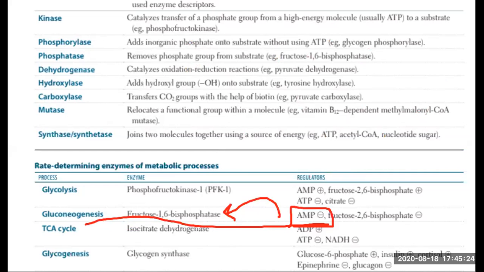And then I have already told you fructose 2,6 bisphosphate is a regulator of this pathway, and when you have this already, you don't need to run this cycle. So these are very important.